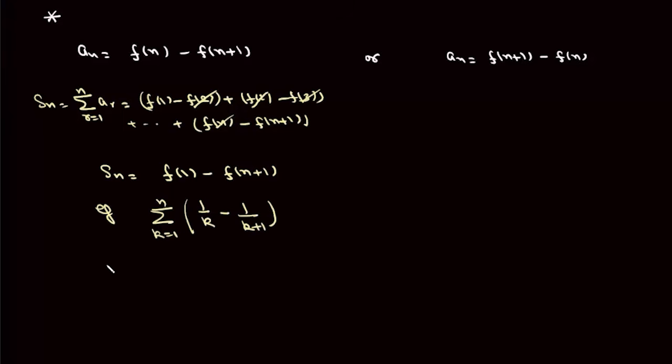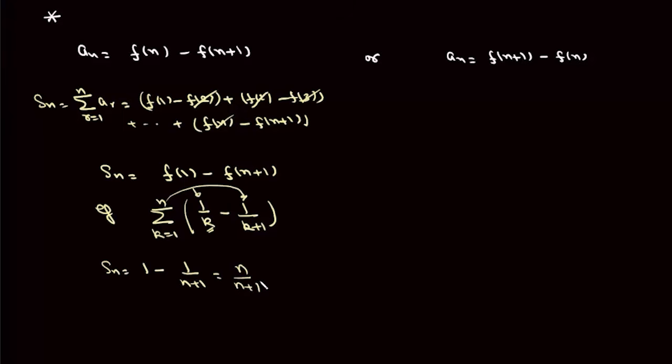Here we can directly write Sn as f1, so we put k as 1, so it will be 1 minus fn plus 1. Fn plus 1 is what we get when we put n plus 1 in place of k, so it will be 1 upon n plus 1. So we can directly write it as n upon n plus 1.